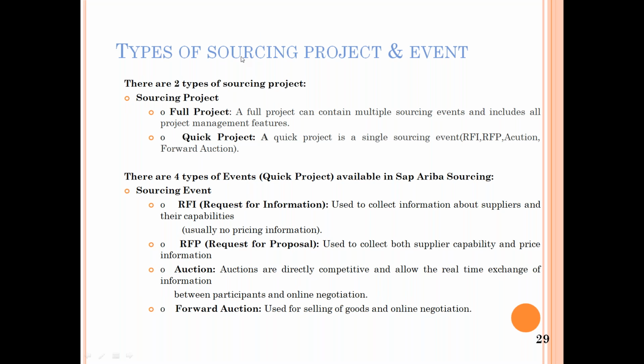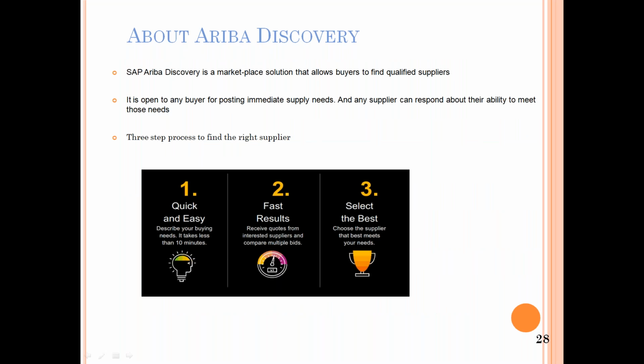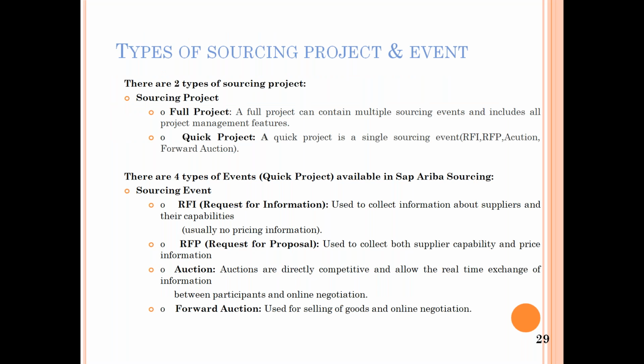So that was up to your SLP module. In SLP, we have seen supplier request, supplier registration, supplier qualification, preferred supplier, and supplier disqualification. These are part of your SLP. And now we are moving to the sourcing modules. In the sourcing module, we have just seen Ariba Discovery. And in sourcing, we have different types of projects and different types of events.